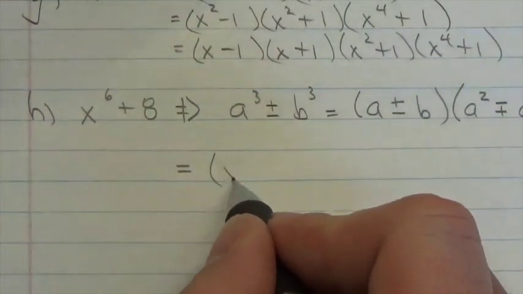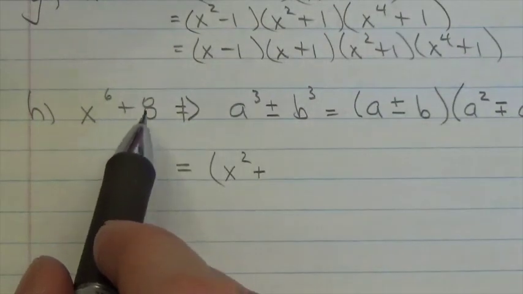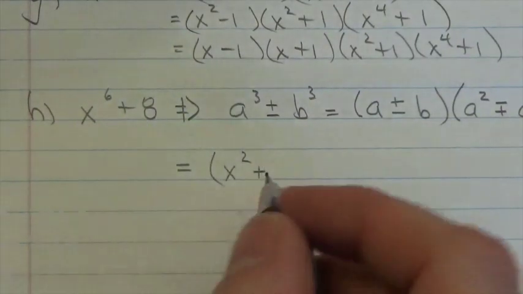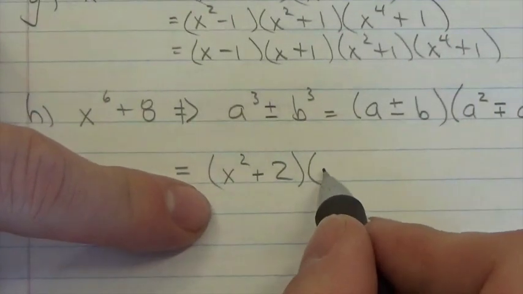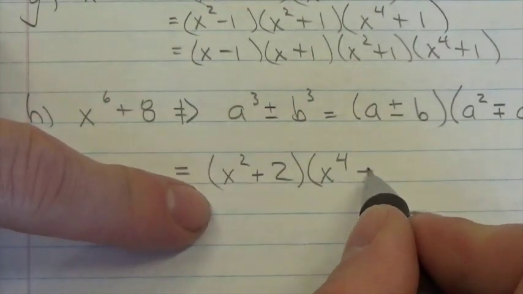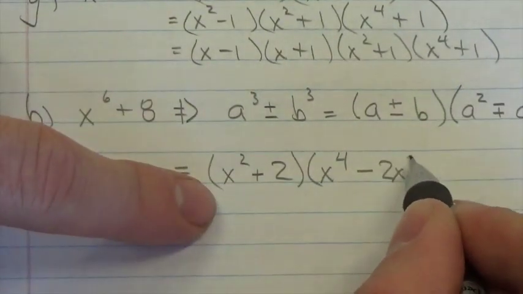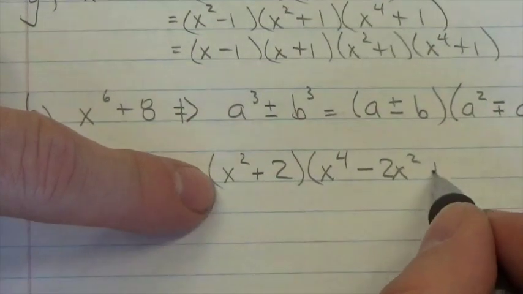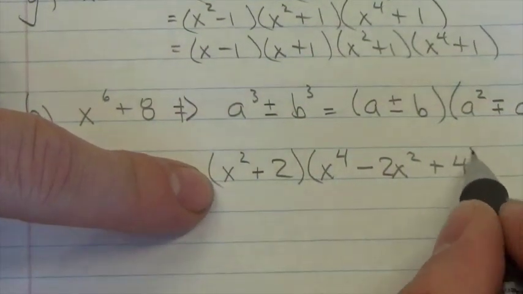Well, that's going to give me x squared plus, what's the cube root of 8? 2. Then in here, this will be x to the fourth, because you're going to square that first term, minus, opposite sign, multiply these together, 2x squared, and then add the b value here squared.